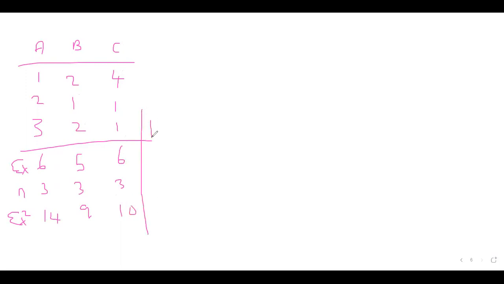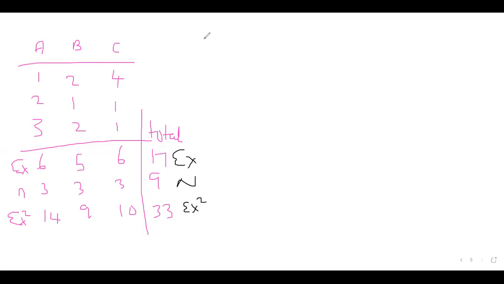And the totals that we have, this is 11 plus 6, 17. This is 9. And here, what do we get? 23. And here we have 33. So here what we have is our summation of x, our capital N, and summation of x squared.